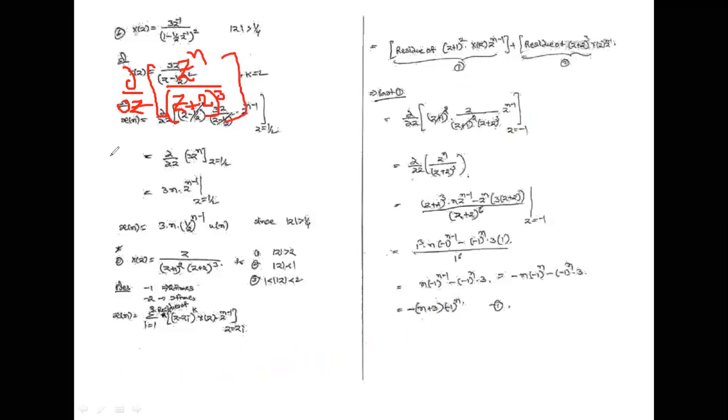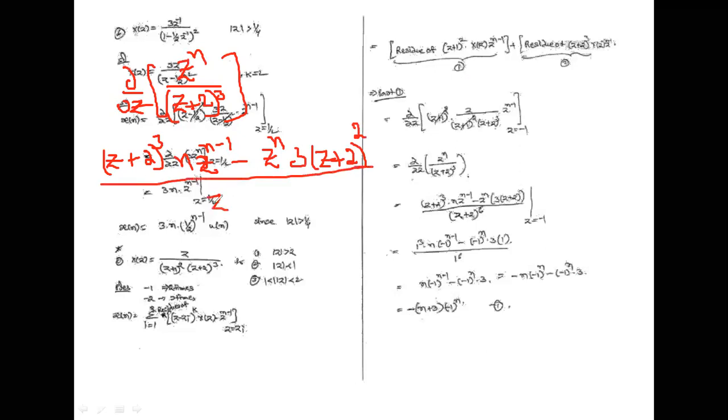Okay. Now I take v first, z plus 2 whole cube, and the derivative of u, n into z power n minus 1, minus u, z power n, times the derivative of v, 3 into (z plus 2) whole square, whole divided by ((z plus 2) whole cube) whole square, that is v square.